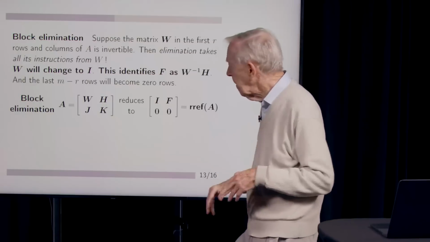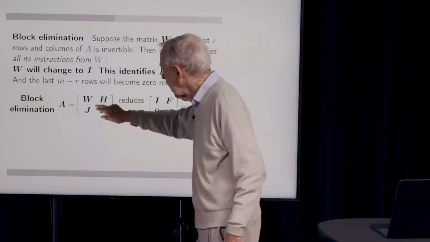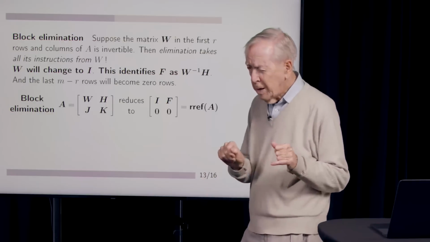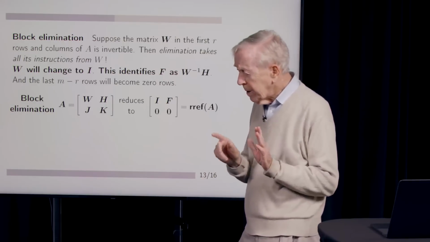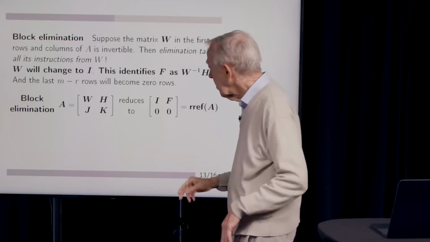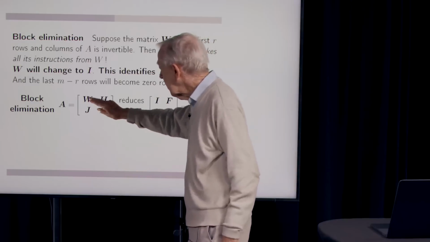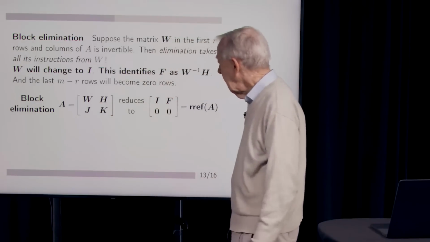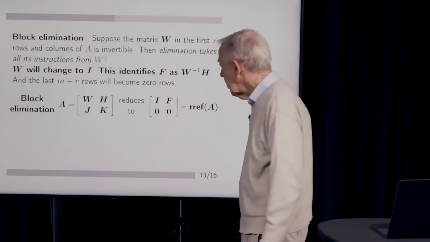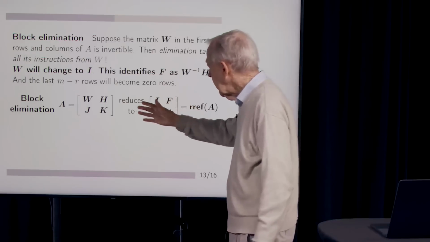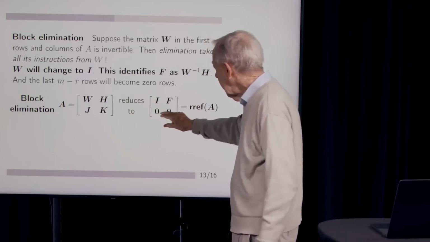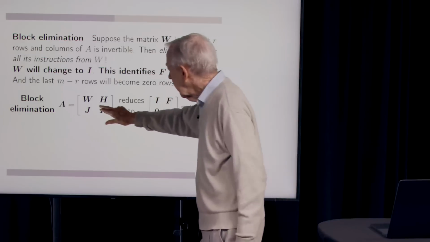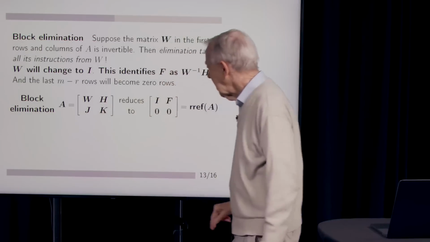I call them a block matrix because these are blocks of numbers, not just single numbers. Of course, to understand the picture, it's quite good to take just single numbers. We might have the numbers 3, 7, 6, 11, something like that. And what does it reduce to? The point is that through elimination, we get the identity matrix. W goes to the identity matrix.